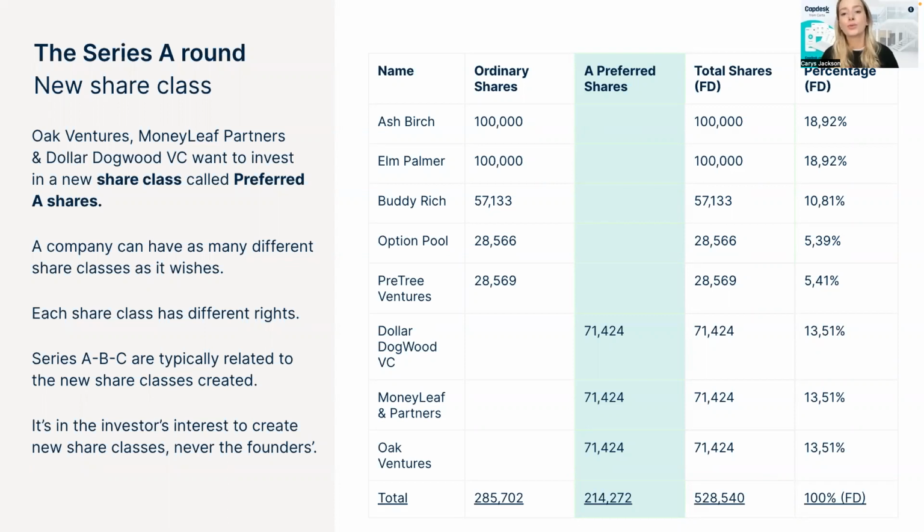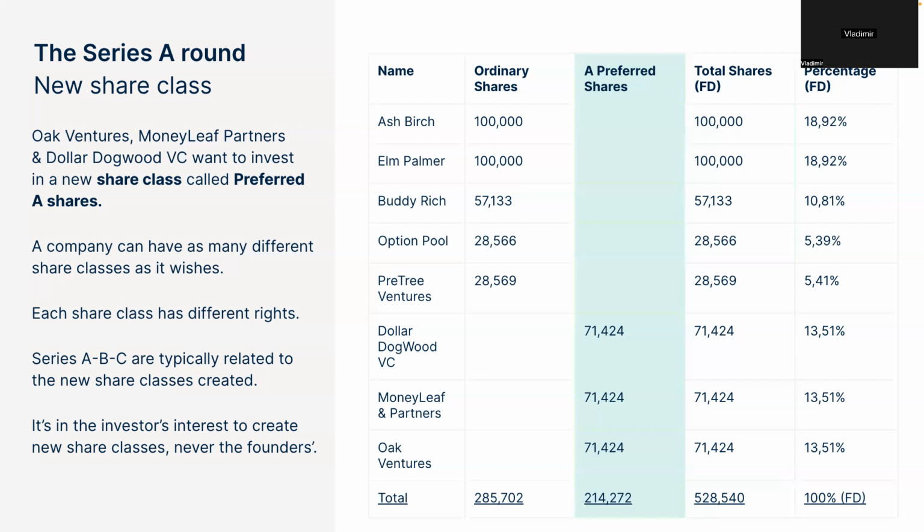It means more control of the board in terms of voting pressure, or it means quicker access to the cash in terms of exit. So whenever there's a new share class made, it does overrule the powers of the other classes, which means that you tier up a kind of power positioning on the cap table, where the latest investors have much more power than the second latest investor, and so on and so forth.